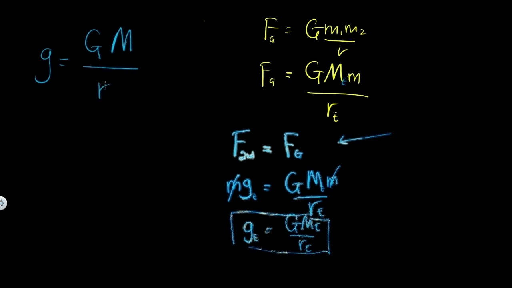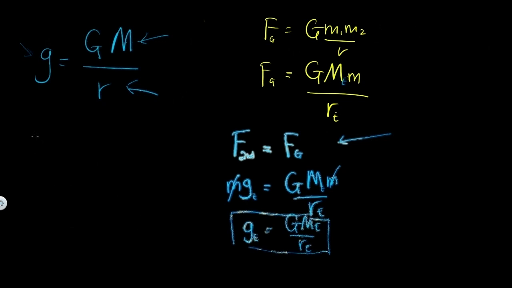What does that mean? If we want to find the gravitational acceleration on any other planet, star, or object, it is sufficient to have the value of its mass and its radius. So this is the gravitational acceleration of Earth, with the mass of Earth and radius of Earth.